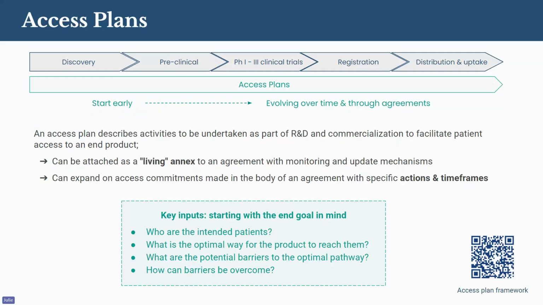Perhaps when the product goes into the clinic, you move into phase 3 and you know the cost of goods, you know more attributes about the product, then the access plan should be amended. So the point is, again, it doesn't have to have everything in it from the beginning, but it should evolve as the product evolves so that you know what you need to reach the patient and what the obligations of the parties are in developing the product.